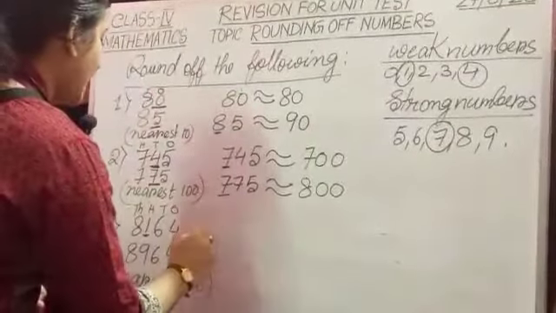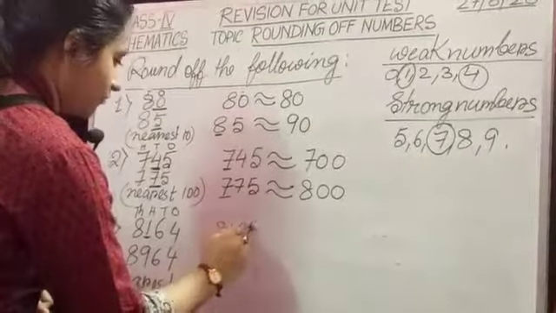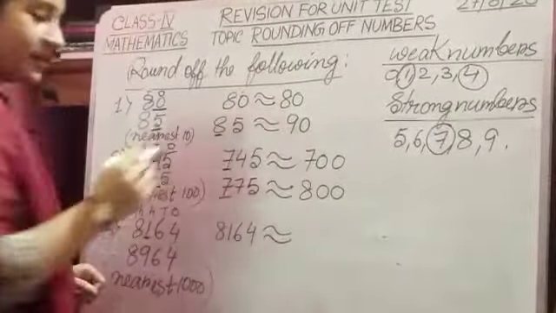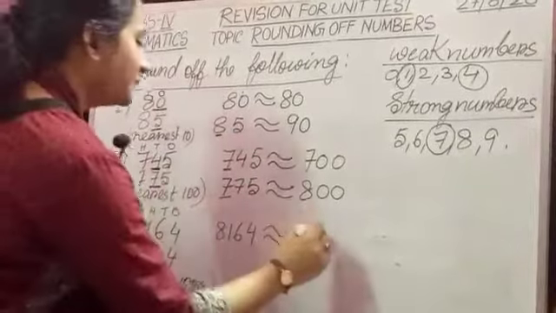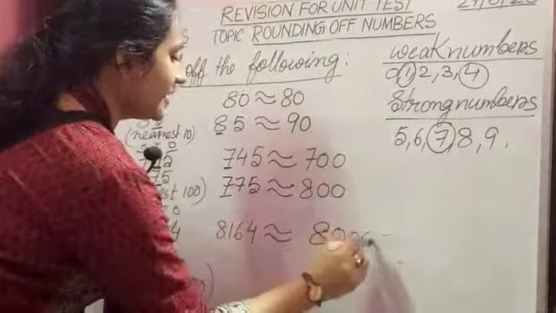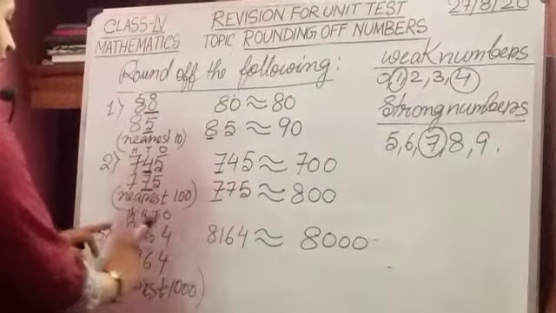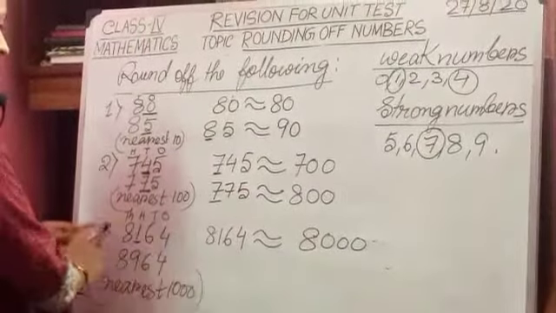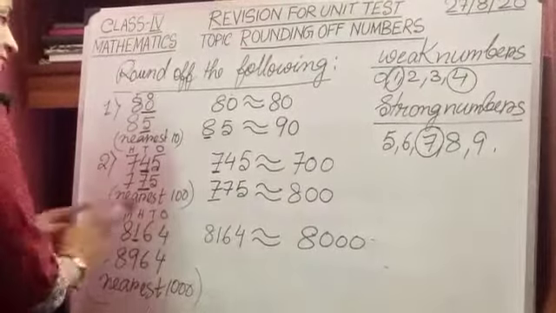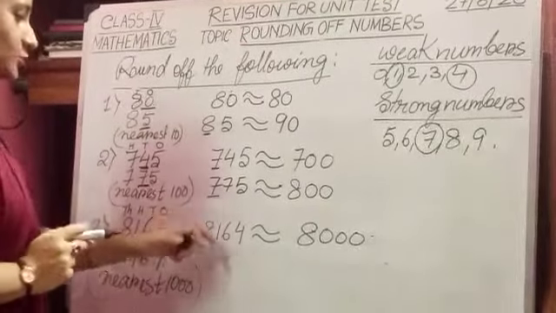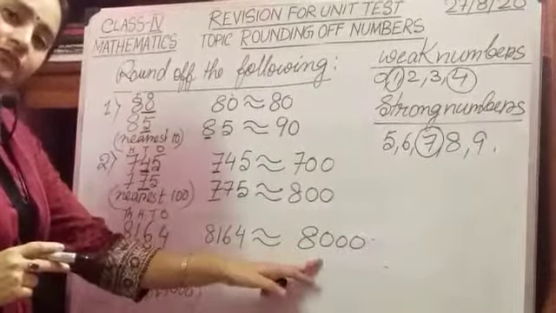Therefore 8164 can be rounded off to 8,000. Right? That means the lesser thousand. This one sits between 8,000 and 9,000. Right? So the lesser thousand will be 8,000.